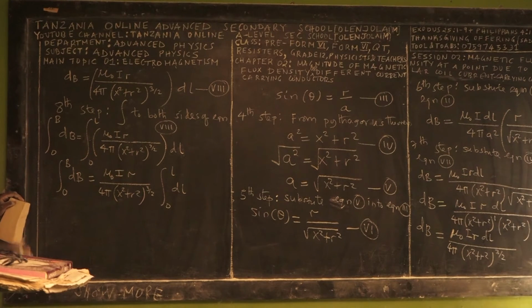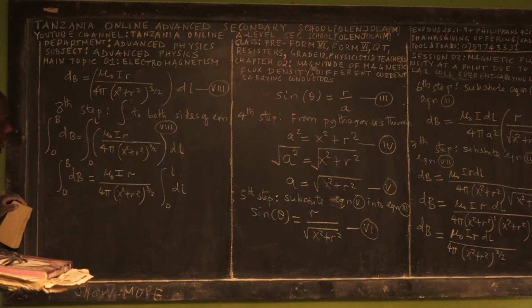In previous derivations of the Biot-Savart formula that help us determine magnetic flux density at the center of the circular coil, we taught you how we can integrate this. You have to go back and review this video.